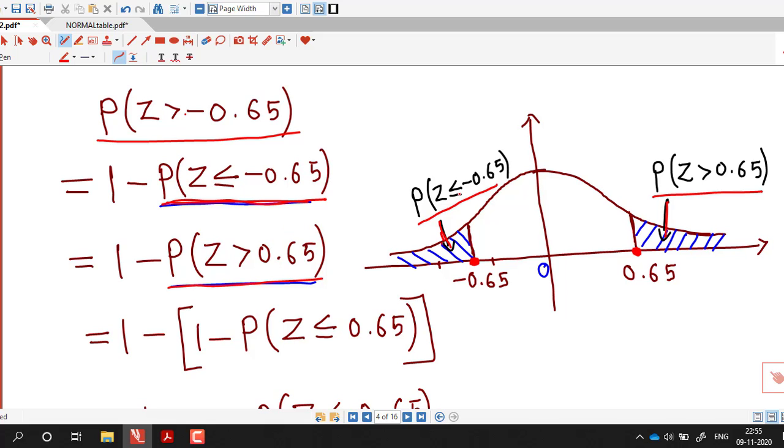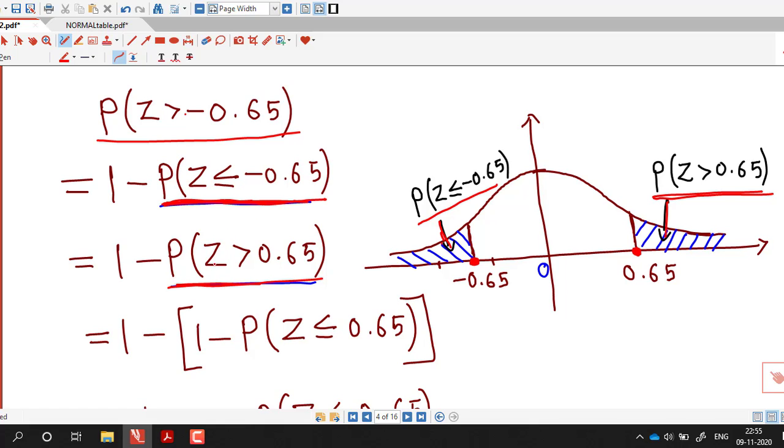We are using the fact that area to the left of minus 0.65, which is probability that z is less than or equal to minus 0.65, is equal to area to the right of 0.65, which is probability that z is greater than 0.65. So we replace this by this.